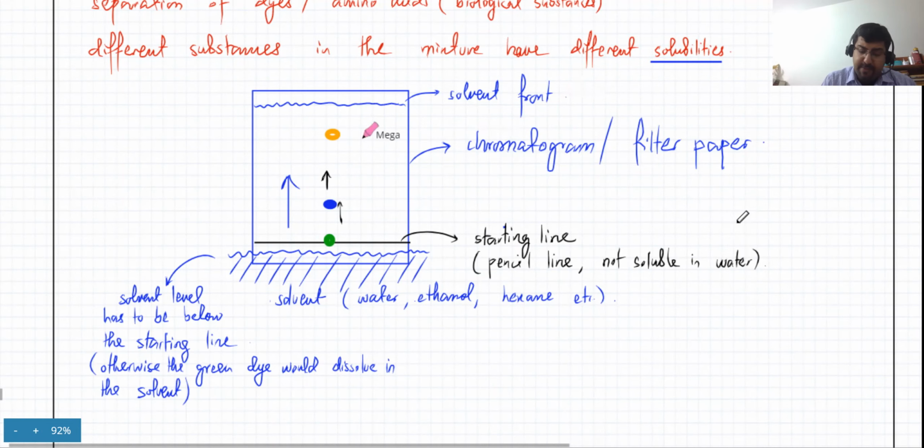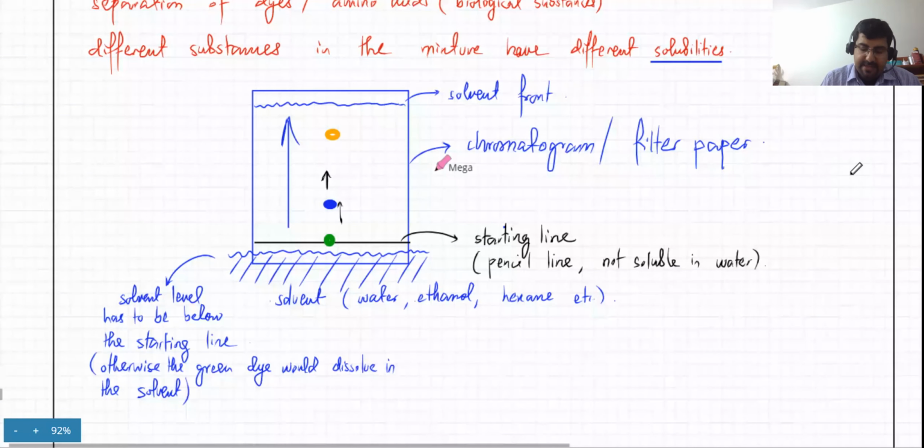So the solvent front is always at the top. The solvent covers the largest distance. And the dyes are continuously dissolving in the solvent and they're traveling along with the solvent. If the dye is very soluble, then it's going to travel a longer distance. And if the dye is less soluble, then it's going to travel a smaller distance.